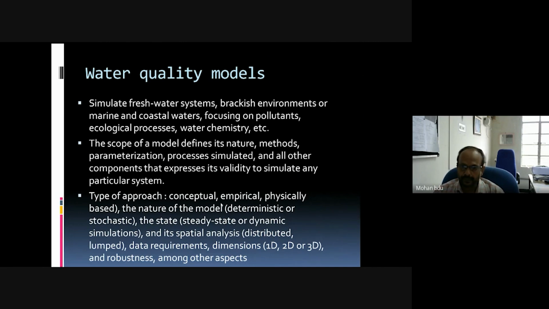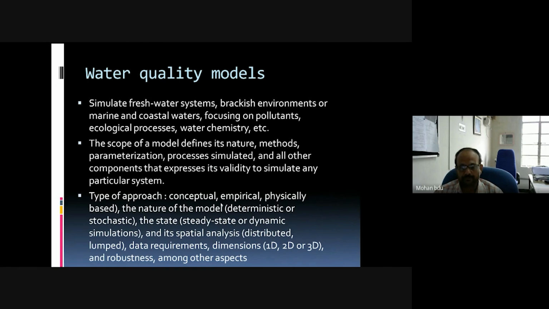So these models generally simulate freshwater, brackish water, and many models focus on the water chemistry, pollutant dispersion, the concentration of pollutants. So it depends on what sort of information we require. So we can choose the model accordingly.